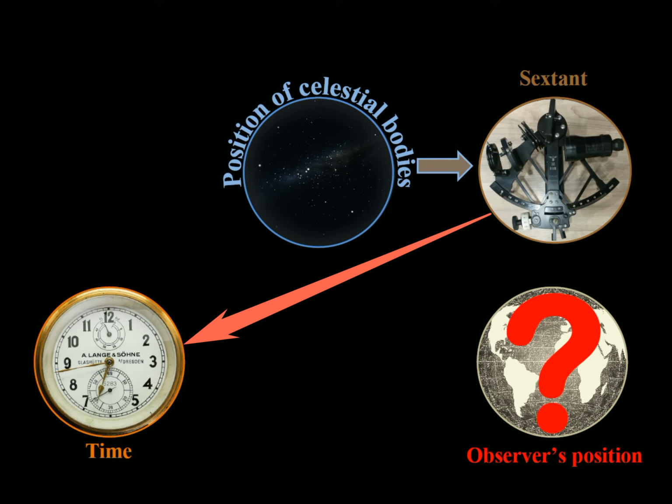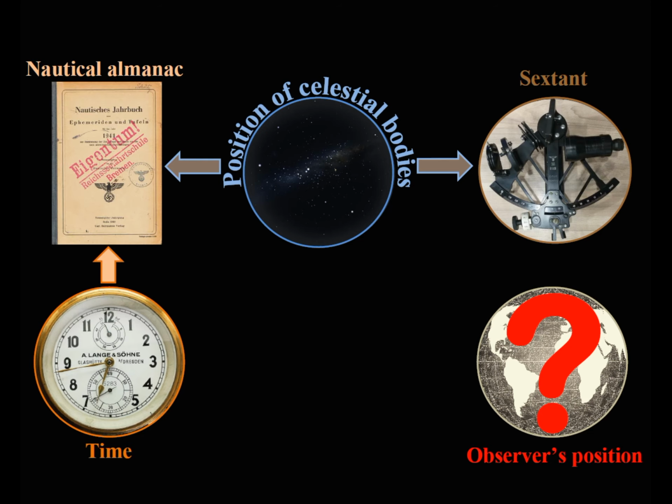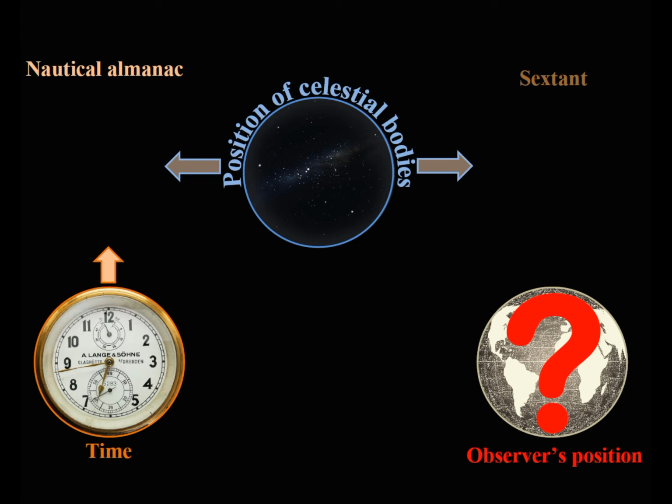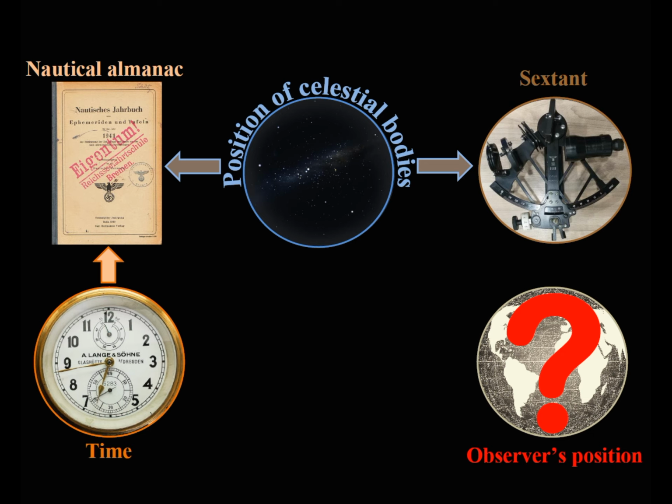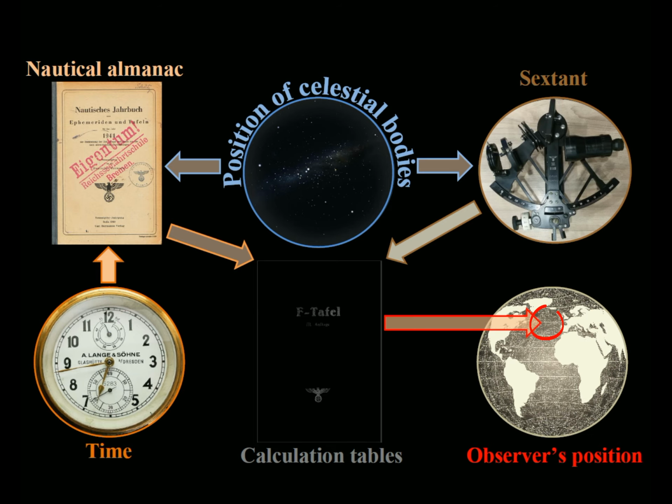The relationship of the position of celestial bodies with the time of observation is carried out using a nautical almanac. The sextant readings and the nautical almanac data are the initial information for determining your position using special calculation tables.